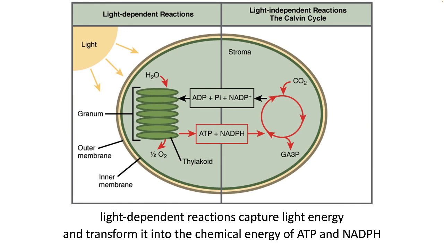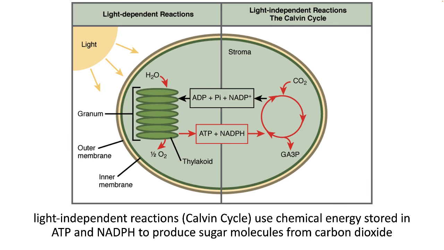Both the thylakoid membrane and the thylakoid lumen come into play here, as we'll discuss later. The light-independent reactions, or Calvin cycle, on the other hand, takes place inside the stroma. And the Calvin cycle uses the chemical energy stored in ATP and NADPH to produce sugar molecules from carbon dioxide. We'll explore these processes in more depth in subsequent videos.